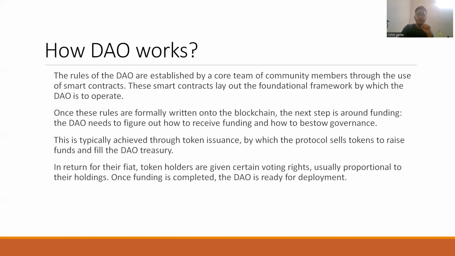DAO typically gathers funding through token issuance, by which the protocol sells tokens to raise funds and fill the DAO treasury. In return for the fees or buying the token, holders are given certain voting rights that are usually proportional to their holding. Once the funding is completed, the DAO is ready for deployment, and the DAO is then deployed onto the blockchain.